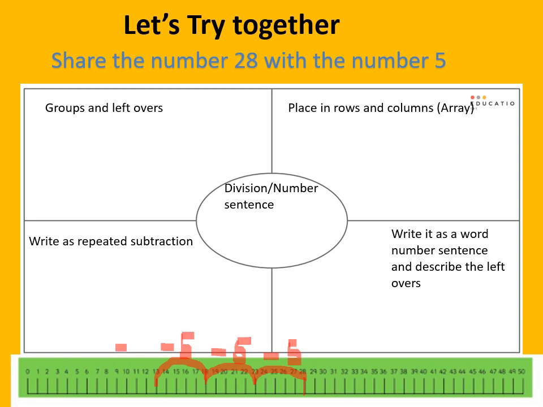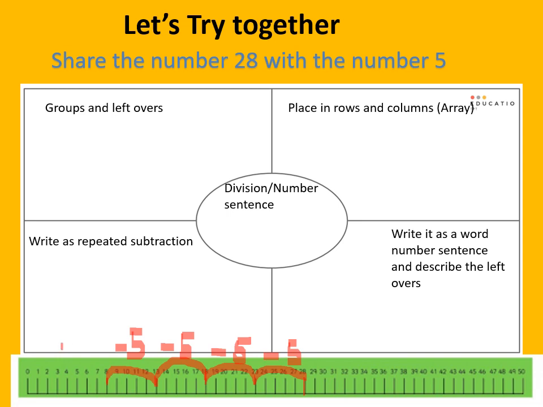Okay, so let's put our -5 here. We've got 1, 2, 3, 4, 5. Were you right? Did you predict that it would be number 8? Okay, and then we count back and we go 13, 12, 11, 10, 9, and 8.